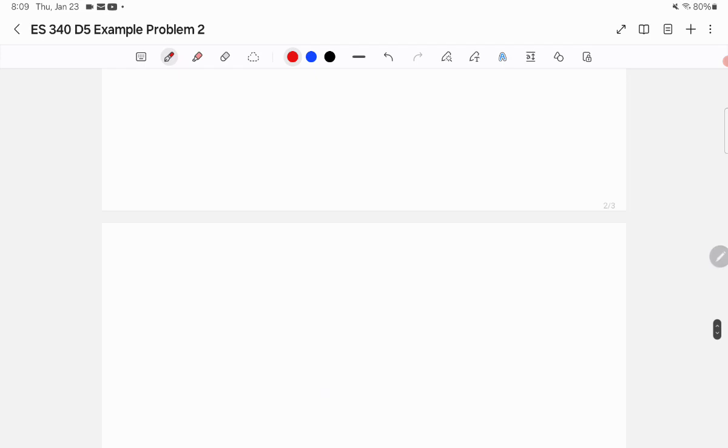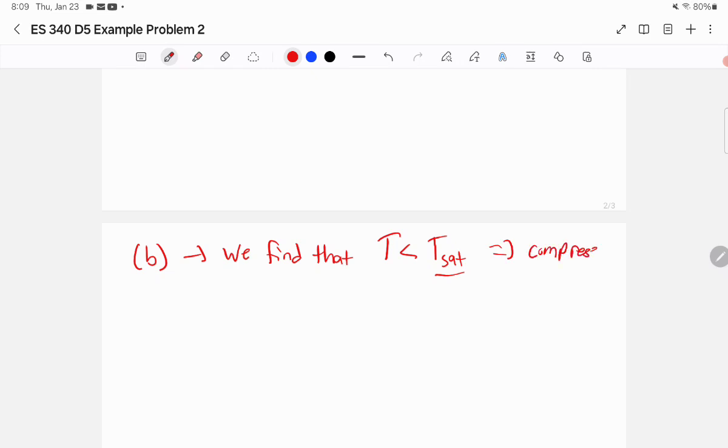For B, we find that the temperature is less than the saturation temperature. So this implies we're in the compressed liquid, which means table A5.